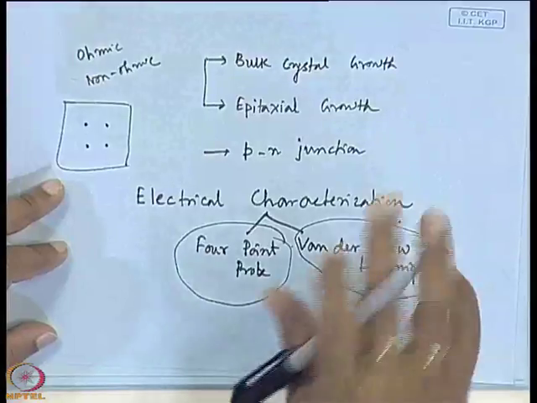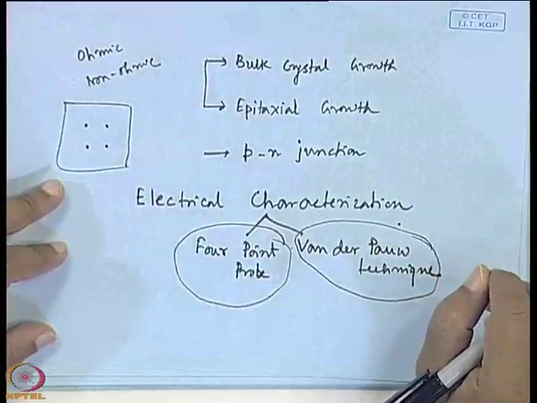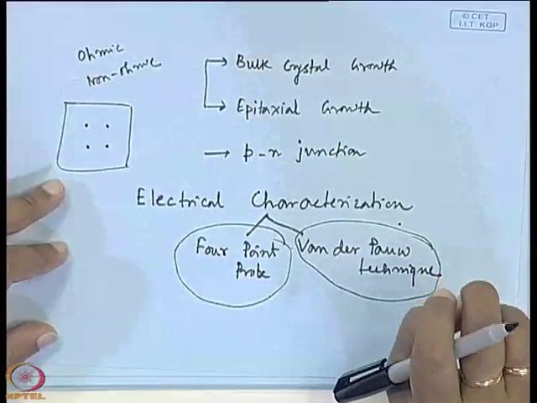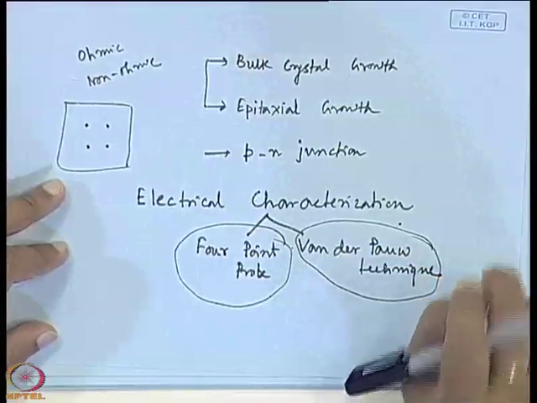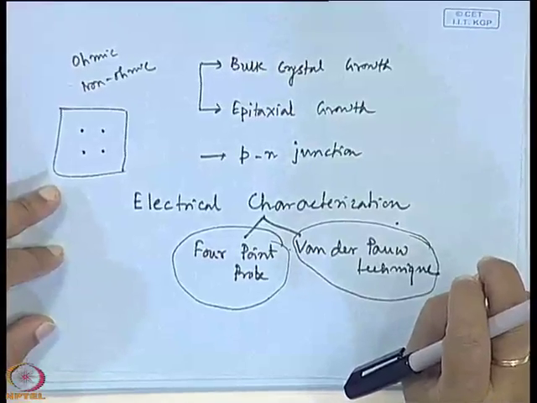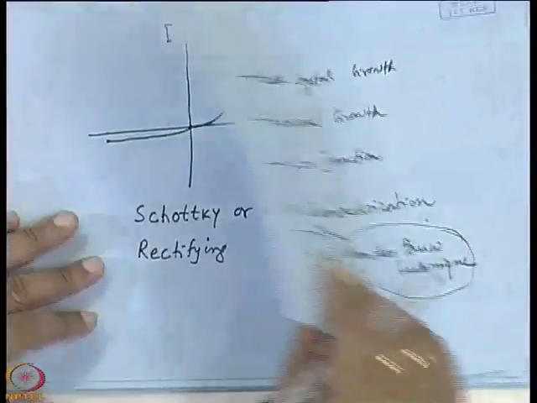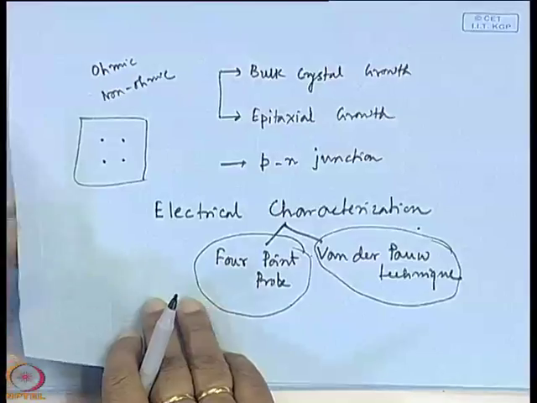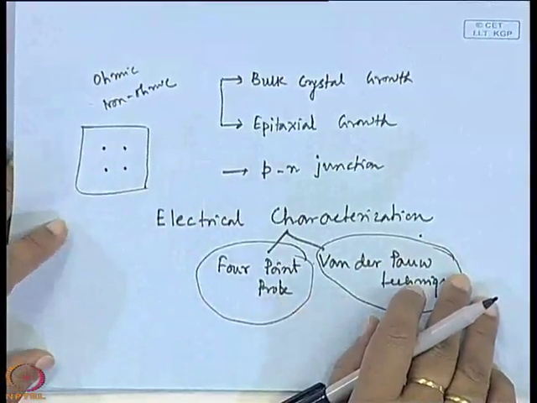That means, better if you can use a very thin slice of large diameter material. Why, that we shall discuss in detail. But in Van der Pauw technique, such a specific shape of the material is not required. So, these are the main two differences between the 4-point probe and the Van der Pauw technique.